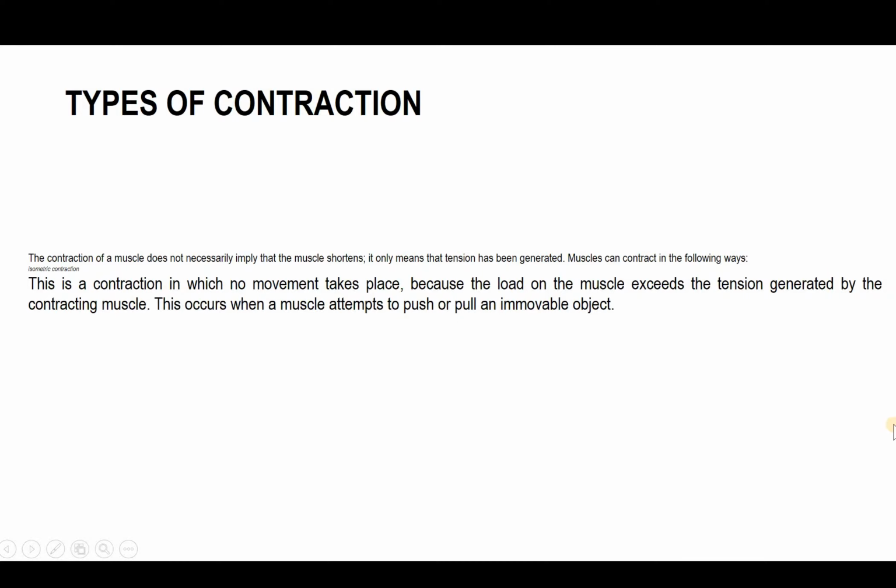And a contraction does not necessarily mean the muscle is lengthening or shortening. Okay, we'll talk about that in a moment. But typically, when you're engaging a muscle, it's expending energy to move something, to push or pull.